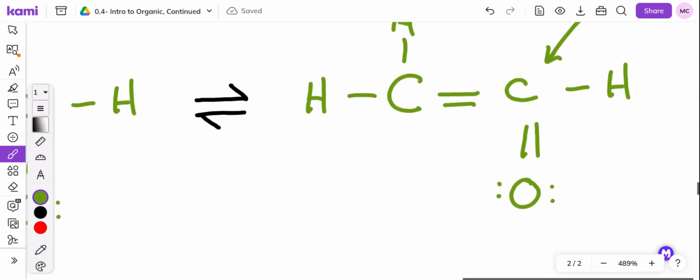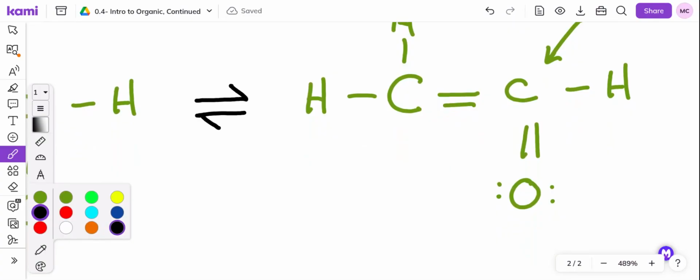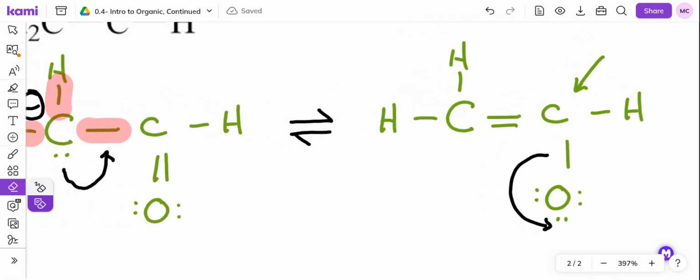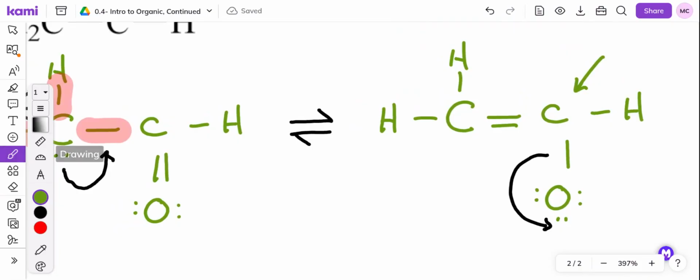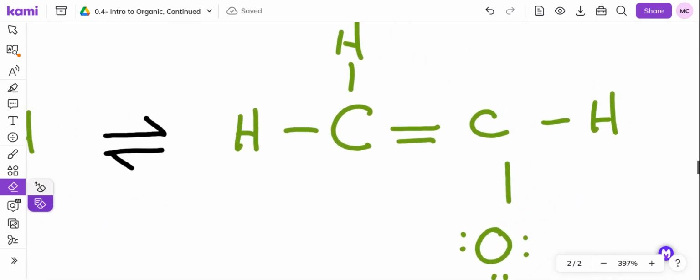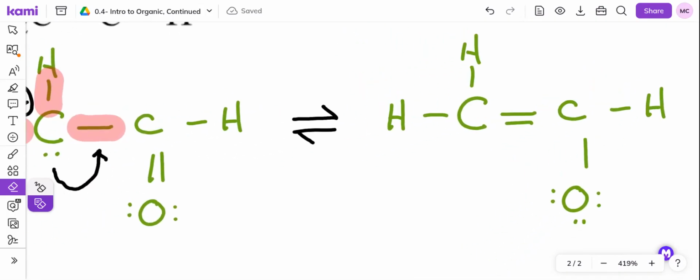So what has to happen is that one of these shared pairs needs to move. So we're going to put those electrons somewhere around the oxygen, not necessarily up there, and change that to a single bond. When we moved it over, we now have created a formal charge on the carbon back to 0.